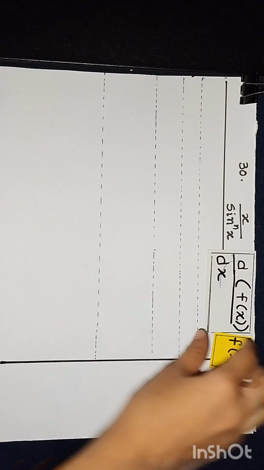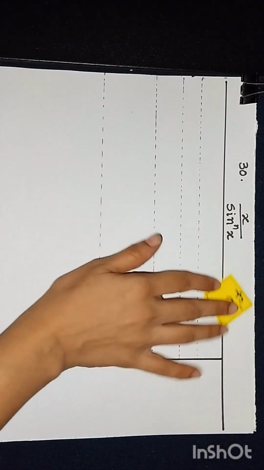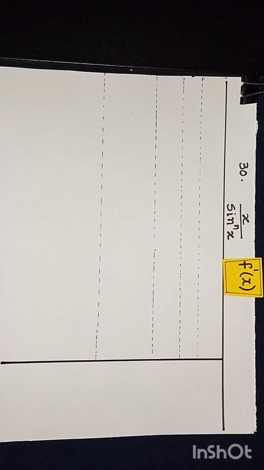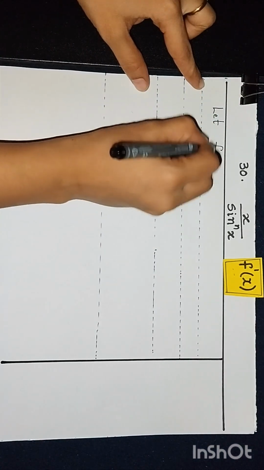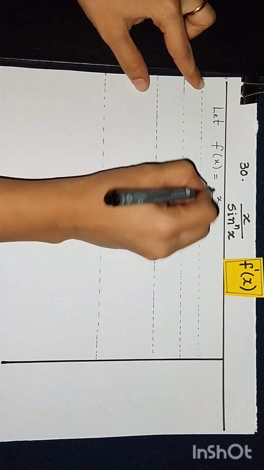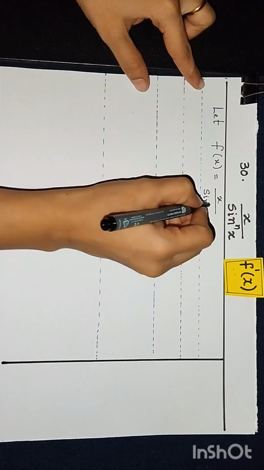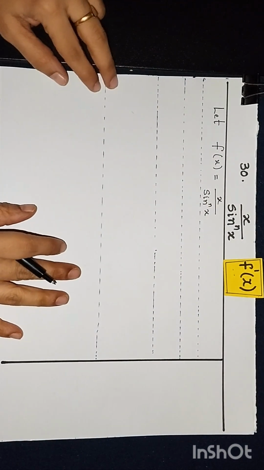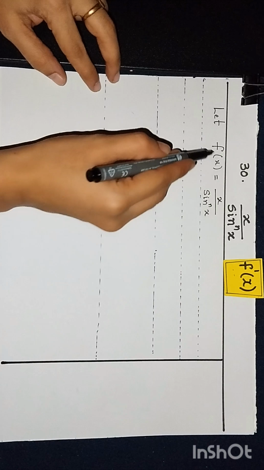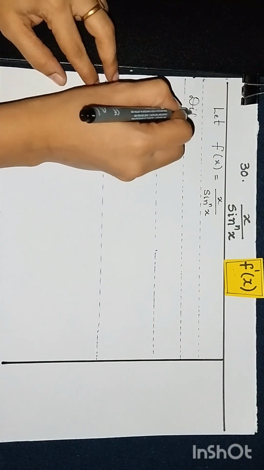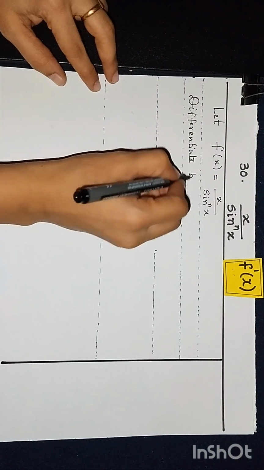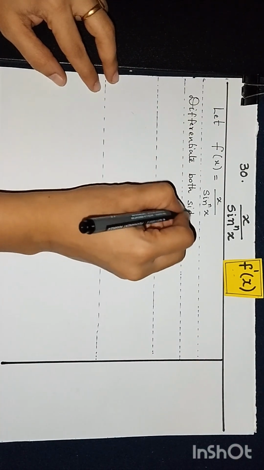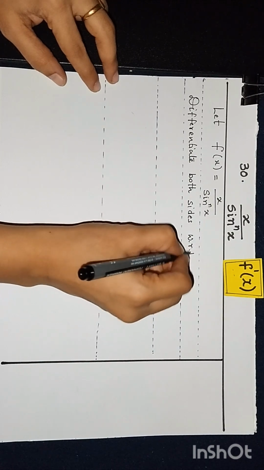So first let us label the function. Let f of x is equal to x divided by sine to the power nx. Now we want f dash of x, so we have to differentiate both sides with respect to x.